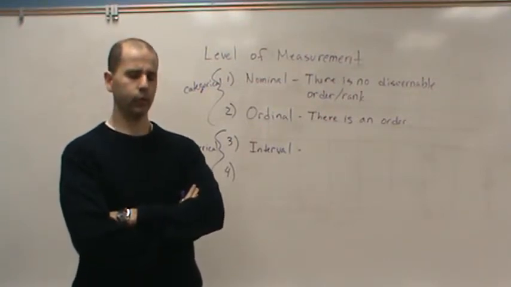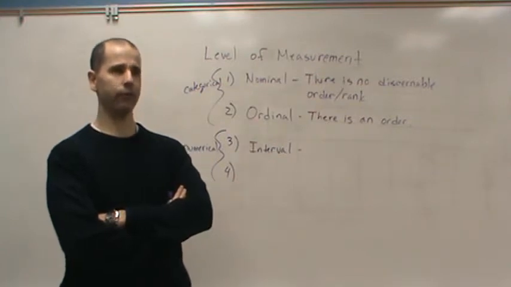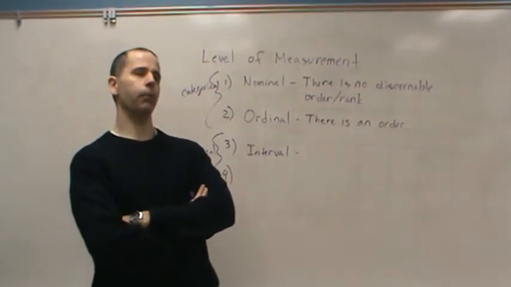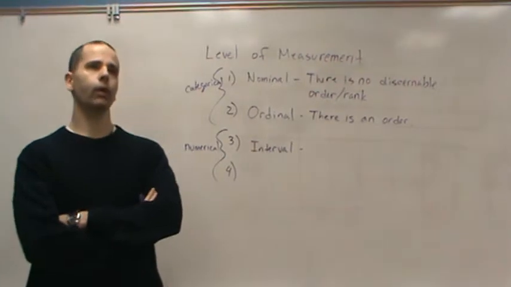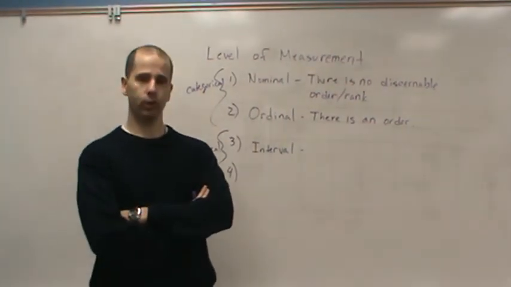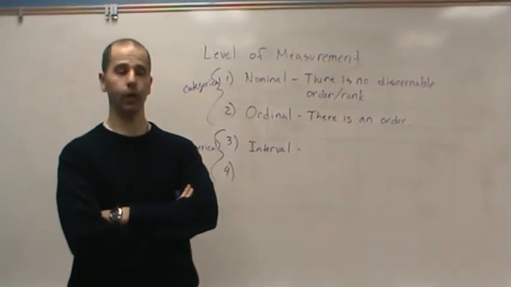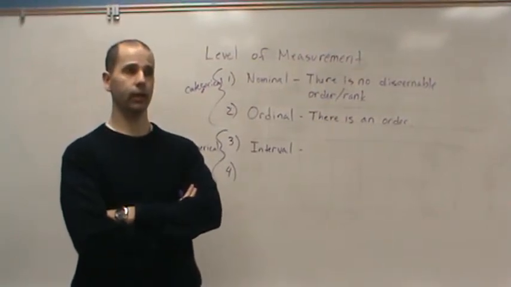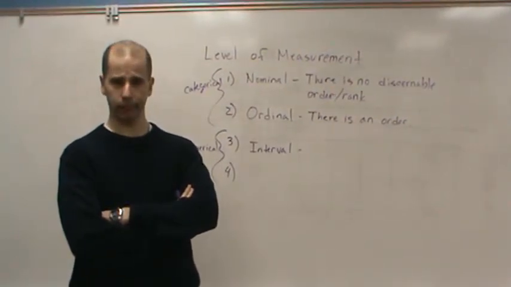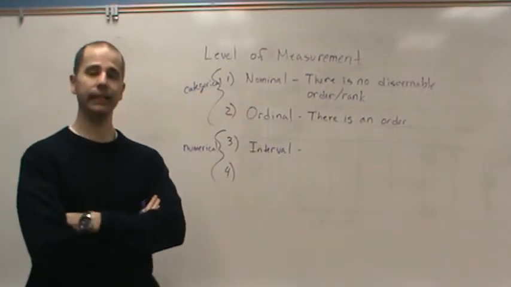Okay, so an example of a variable that would have an interval level of measurement would be like year in school, right? Or years in the stock market. Okay, so we could have a year represent, right?